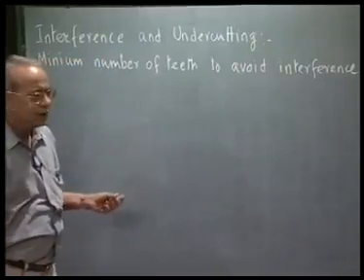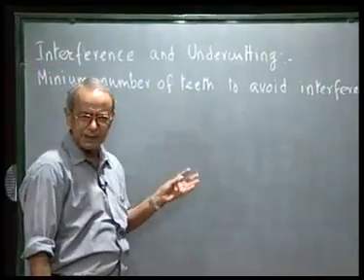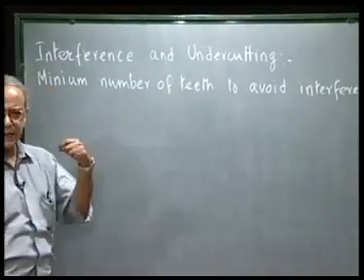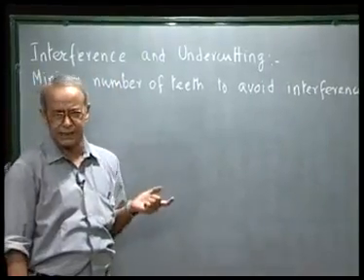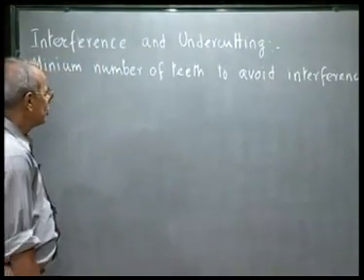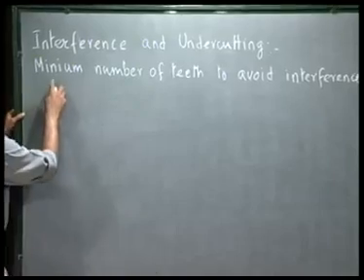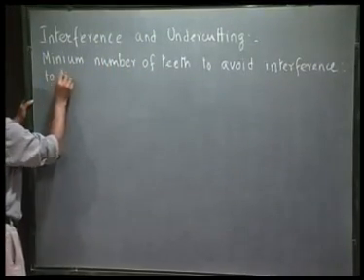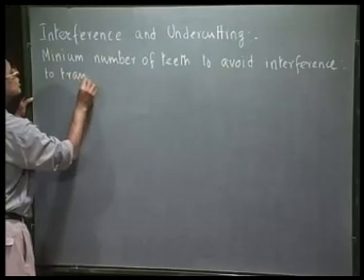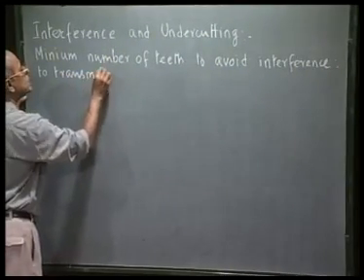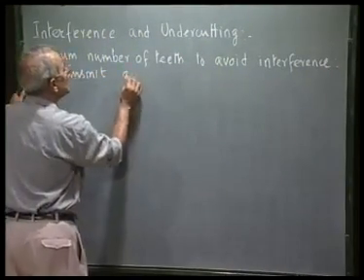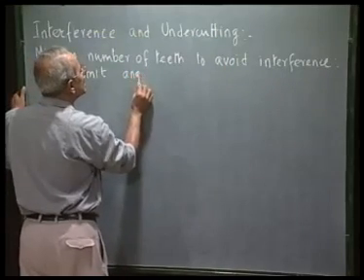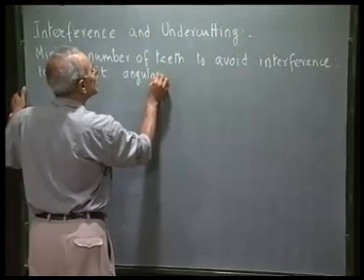We have already seen how the interference takes place first of all, because the addendum circle gets into the base circle. So, now we talk of a minimum number of teeth to avoid interference to transmit a particular angular velocity ratio.